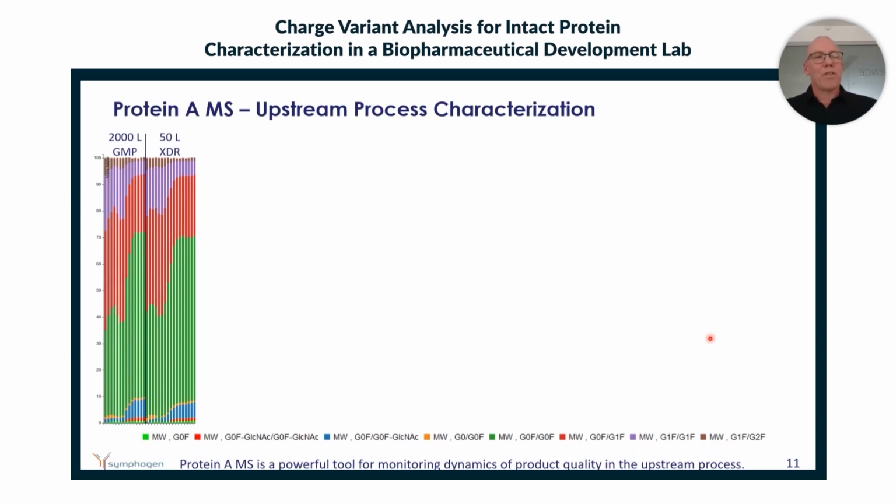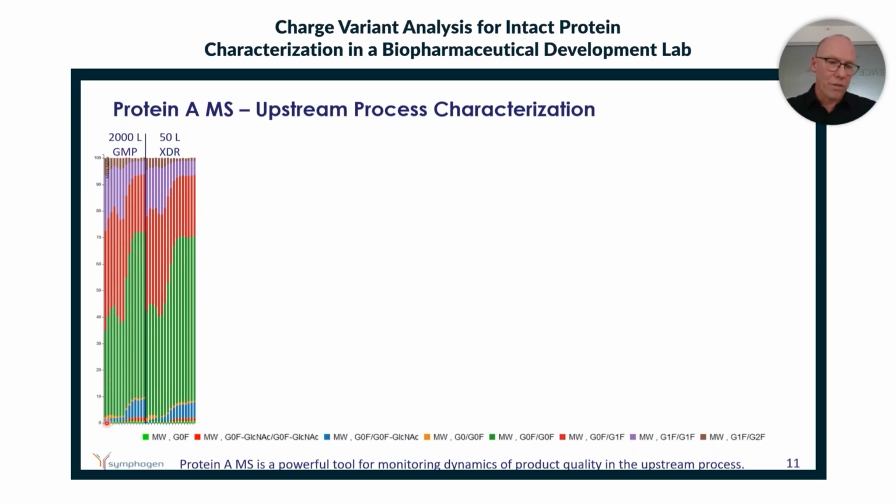So here are some examples of how we have used other techniques. This is protein A MS, where we've put a protein A column which has high affinity for antibodies. That means you can analyze really dirty samples and really dilute samples. In this case, this is the upstream fermentation process, done at GMP scale, 2,000 liter.